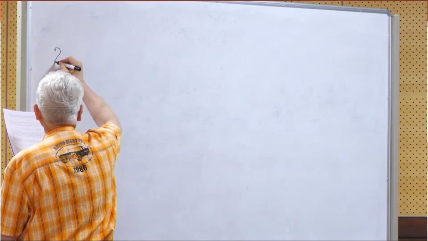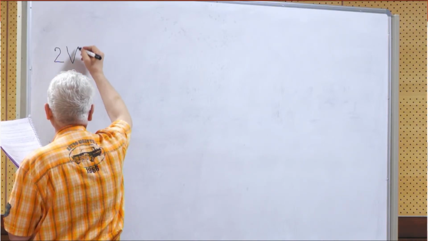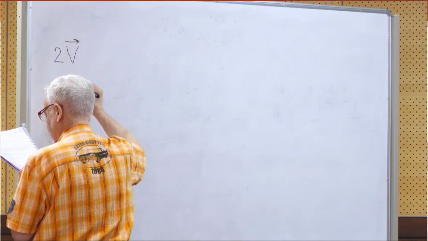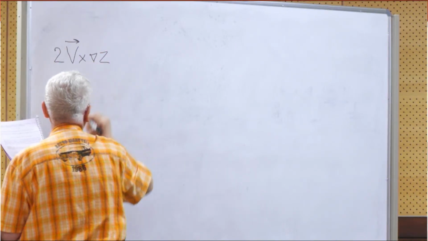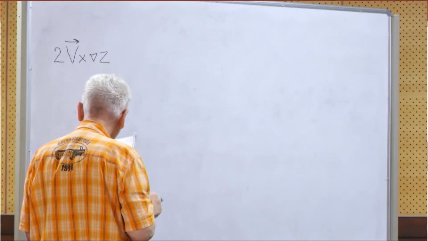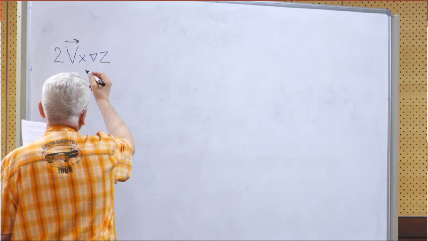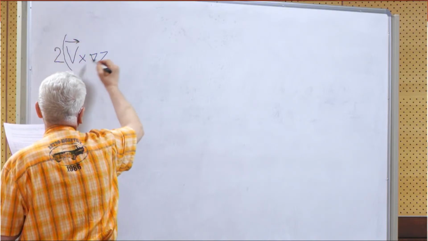For example, 2v multiplied by grad z. And then we want to get the radial component of this. So there is the vector product here.